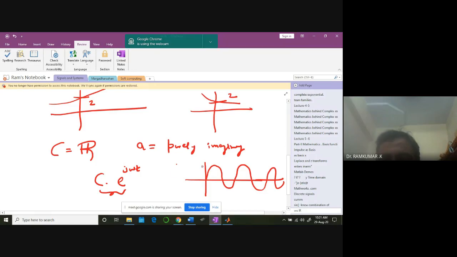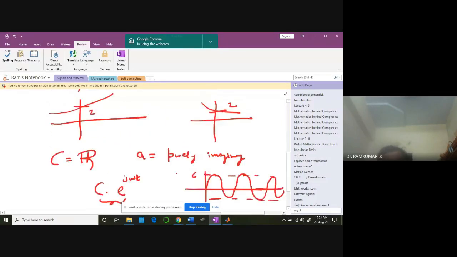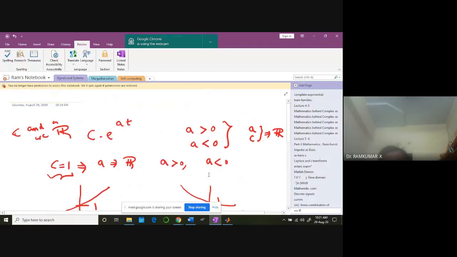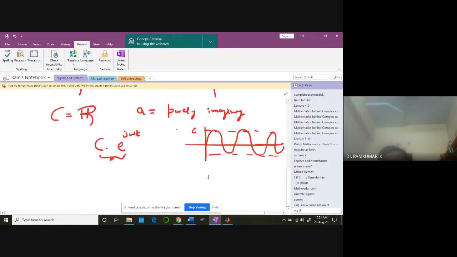So now tell me, what is the amplitude of this waveform? Can somebody help me out? The amplitude is C, going from plus C to minus C. Now tell me, if C is real and A is real plus imaginary part.